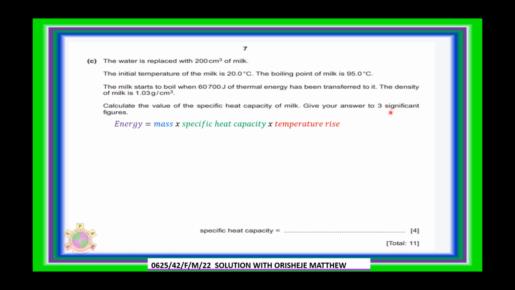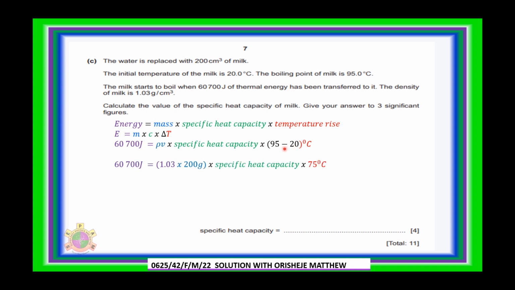To do that, the energy required is mass multiplied by specific heat capacity multiplied by temperature rise. Since we are given the density and the volume, we can find the mass: density multiplied by volume will give us the mass.